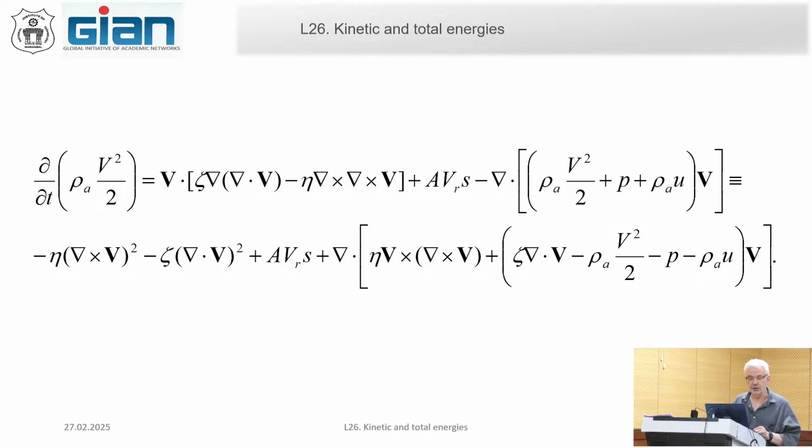Another good news is that the Coriolis force is also cancelled out from this relation. You see there is no Coriolis force. This is a direct consequence of the fact that we multiply scalarly the velocity by the vector product of the unit vector in the direction of the axis of rotation and the velocity itself.